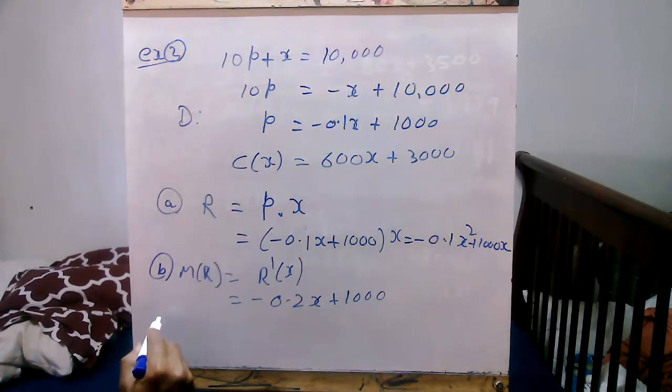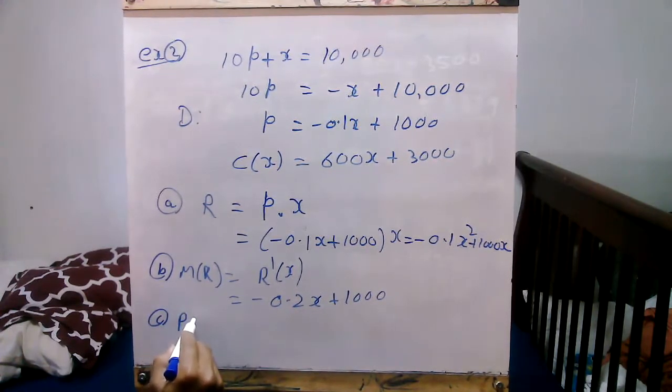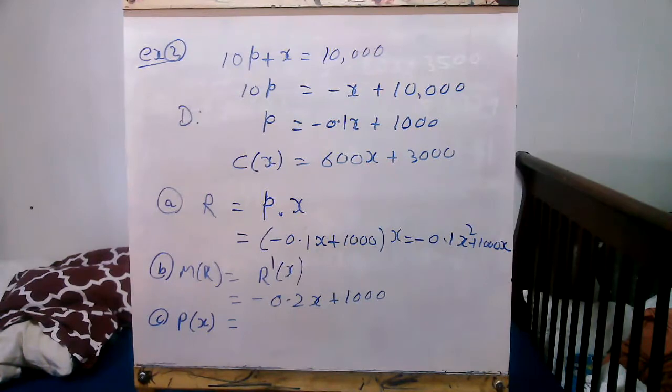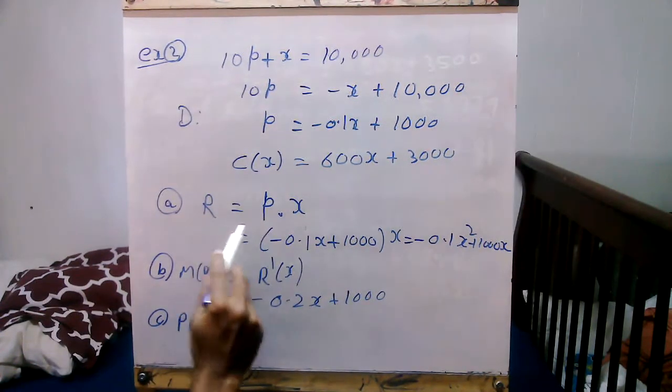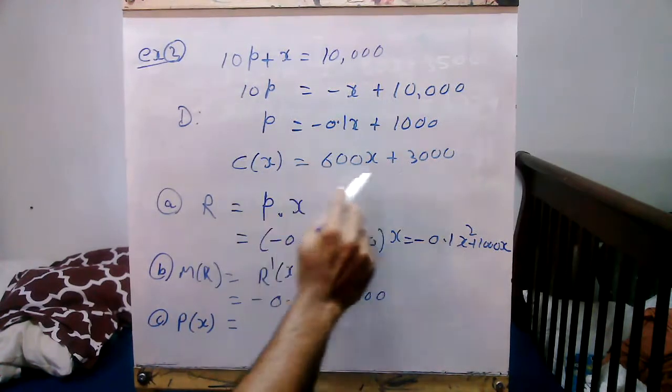Profit function, capital P of x equal to profit. How do we get the profit? Revenue minus the cost. Revenue is this, cost function is this.